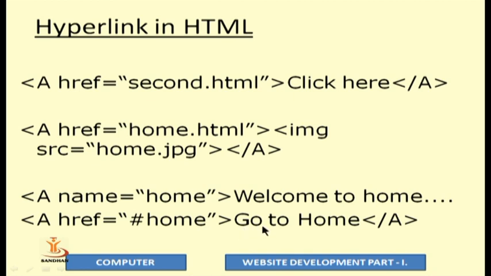Then the content, that is go to home, is what is shown to the user. Now when the user clicks go to home, it actually sends the user to the home bookmark position. So in ebooks or other reading, we normally set so many bookmarks.